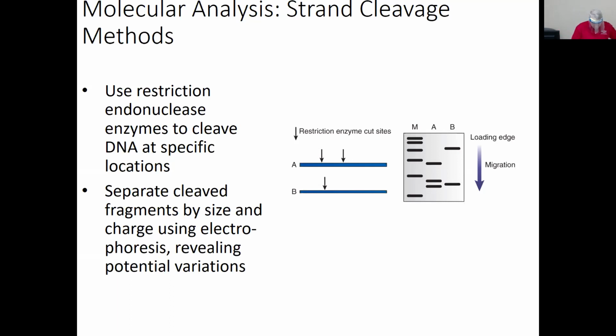The nucleic acid tests are designed to detect changes in the DNA sequence, and there are 4 approaches: the strand cleavage method, the hybridization method, sequencing methods, and the amplification methods. So those are the 4 that we're going to work through first.